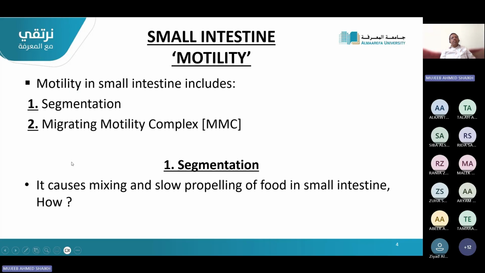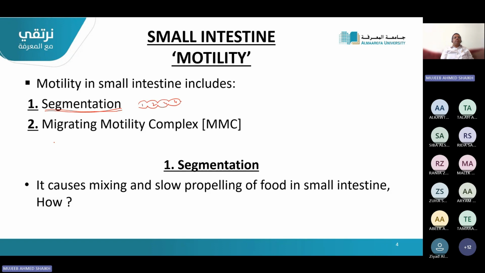Two types of motility movements are present in the small intestine. One is known as segmentation contraction. The movement occurring is known as segmentation. That means it will divide the small intestine pipe into different segments, 1, 2, 3, 4, like this.